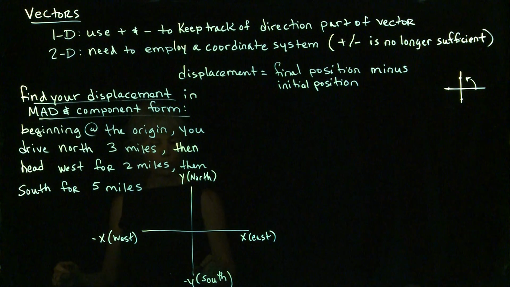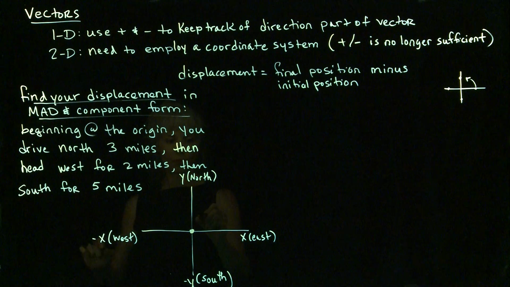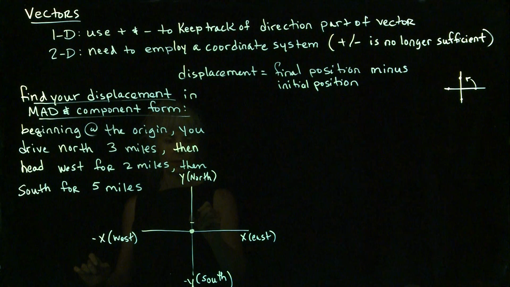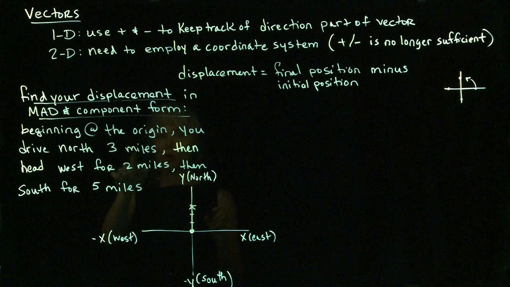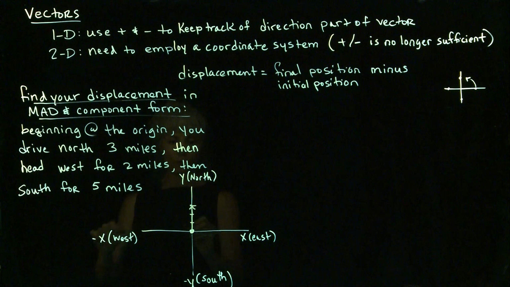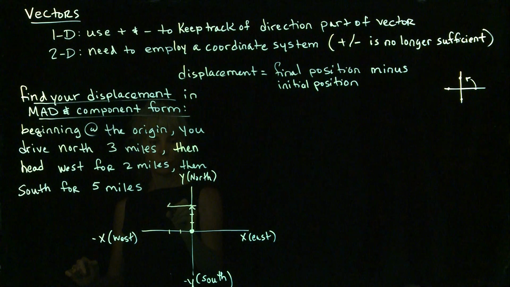All right, so we're starting right here at the origin, and we are driving north for 3 miles. So 1, 2, 3. So we drive up to this point right here, and now we're going to head west for 2 miles. So 1, 2, we're going to head west for 2 miles.